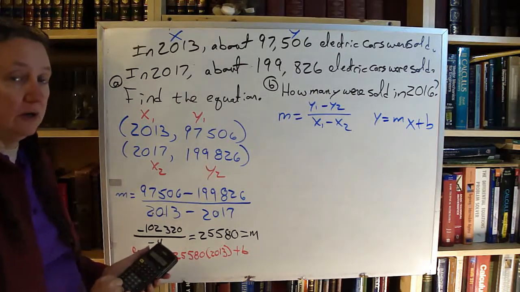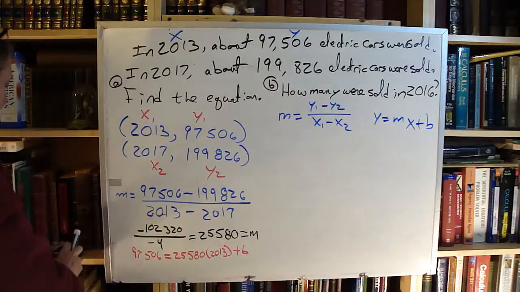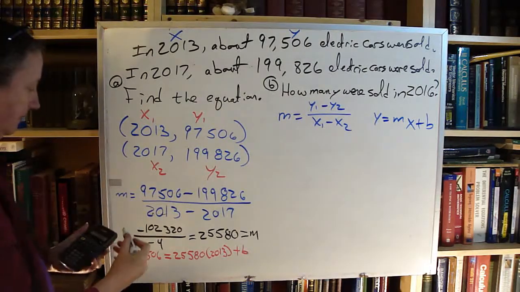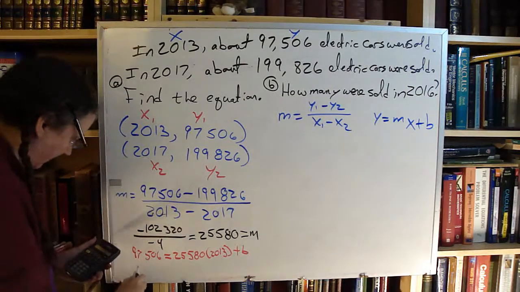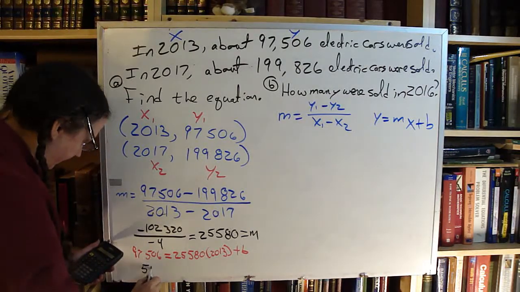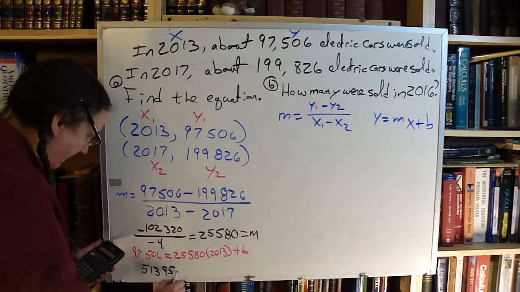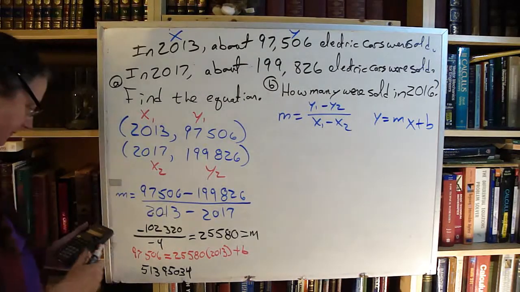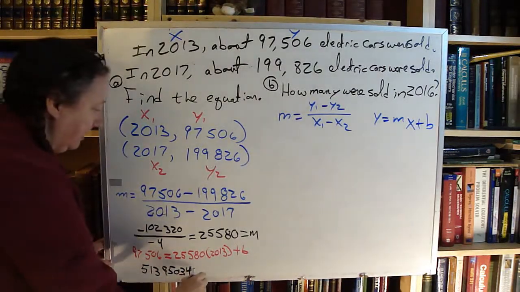So this is not going to be fun. I'm going to write that down though anyway. 513,95034. That is b.